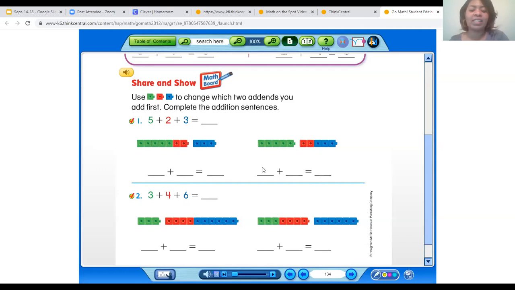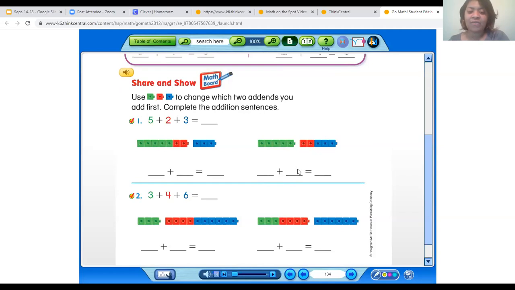All right, let's look on the other side. Another way we could have done this. All right, how many green cubes do we have? 1, 2, 3, 4, 5. So 5 is going to go here. Plus, now on this side, the red and the blue are connected. So let's count them. 1, 2, 3, 4, 5.